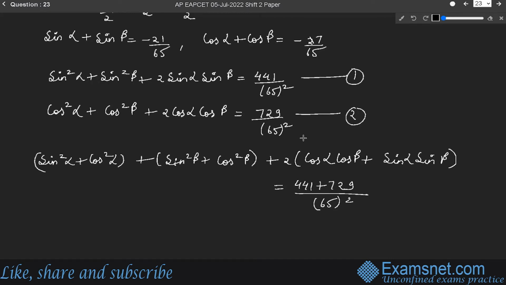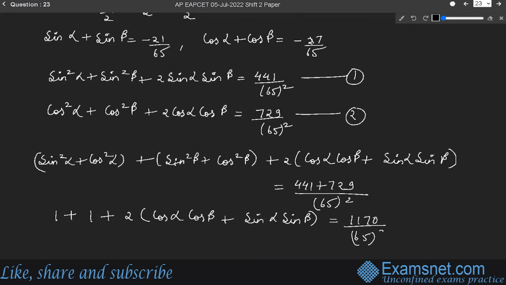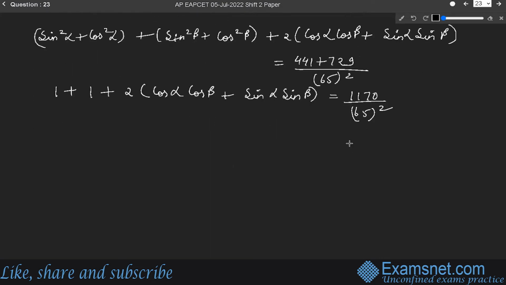We know that sine square alpha plus cos square alpha will be 1. Again, sine square beta plus cos square beta will be 1, plus 2 into cos alpha into cos beta plus sine alpha into sine beta is equal to 1170 divided by 65 square. I hope up to here all the steps are clear to you. We have just simplified the steps.